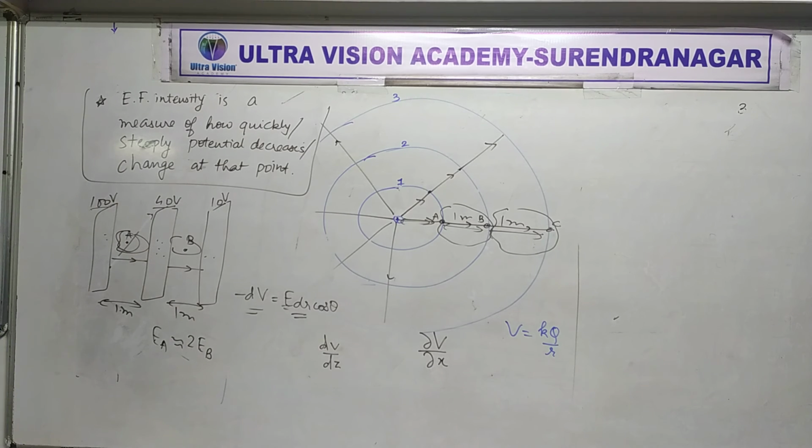The time is about to end. Take the question bank and go to the exercise. Question 3, if I am not wrong, is about this topic. Two charges, 2 microcoulomb and minus 2 microcoulomb, are placed at points A and B, 6 centimeter apart.